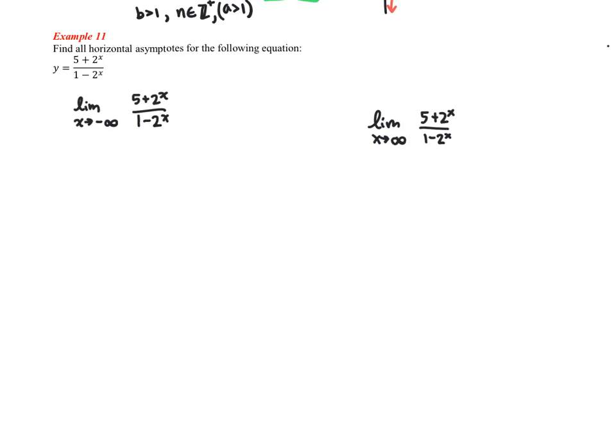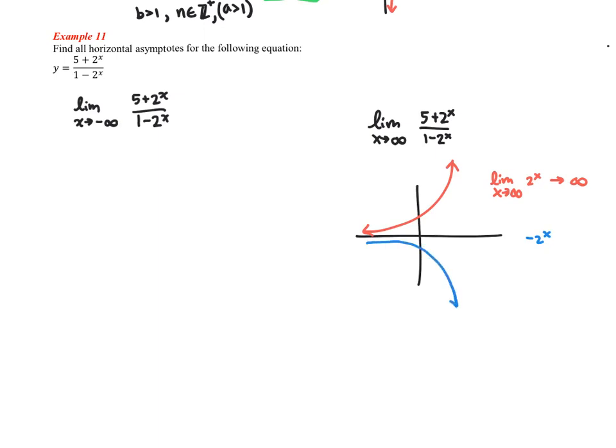As we consider the limit as x approaches infinity of an exponential function, let's sketch 2 to the x, and we'll sketch negative 2 to the x. All right, 2 to the x as x heads to infinity. The limit as x approaches infinity of 2 to the x goes to positive infinity.